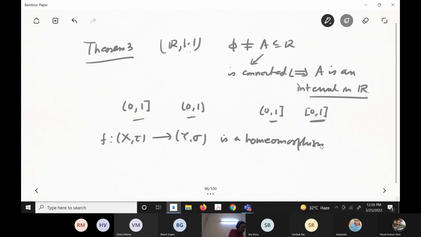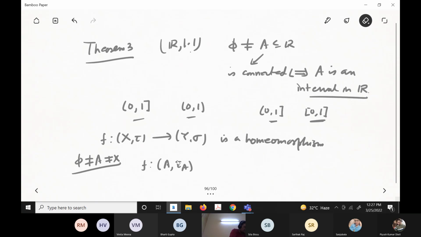Homeomorphism. In general, you can prove that. You can look at your arguments, what you have used. Suppose phi equal to x. Then you'll have this restricted function. Actually, not that.